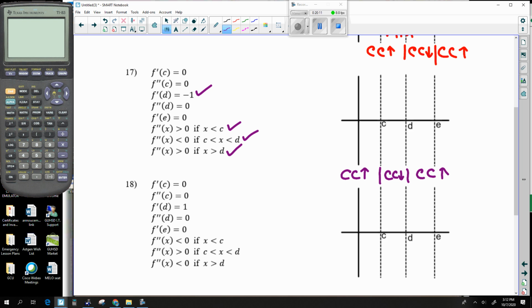At D is -1. At E is, oh, and it's an inflection. At E, the tangent is 0. So that's most likely a min. And then at C, we have a tangent of 0. That's most likely a max. But because it's an inflection, it's most likely a hiccup.